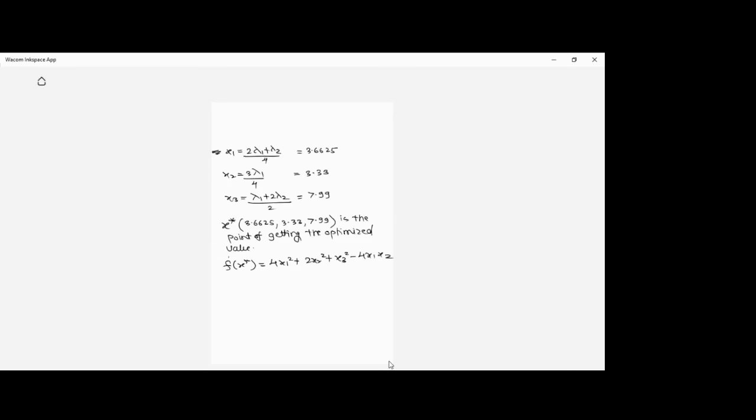If you found out f of x star, it is 91.12, right? But now is this 91.12 z minimum or z max, that we are going to find out. We don't know whether it is z minimum or z max, because we have been given optimize that particular.